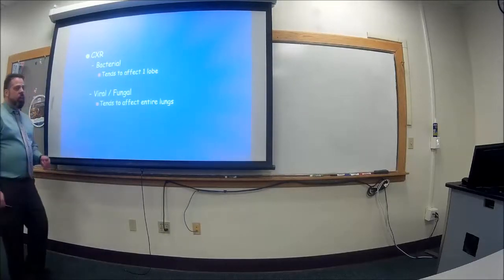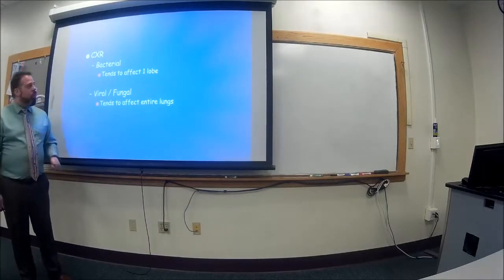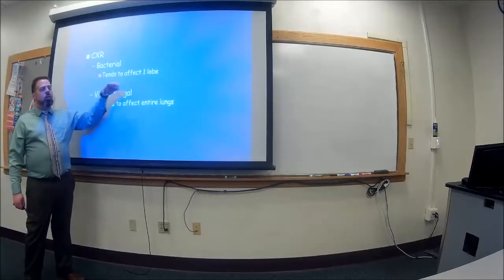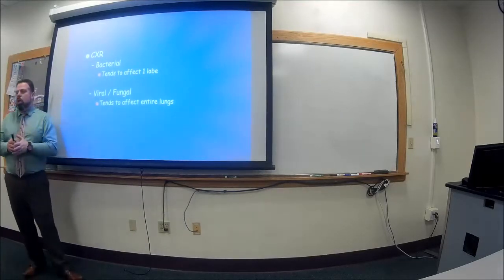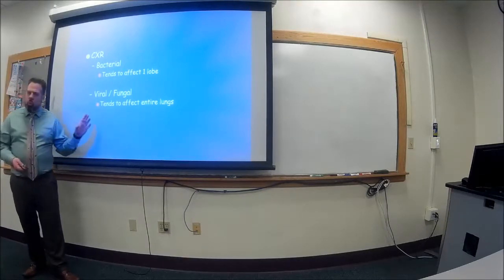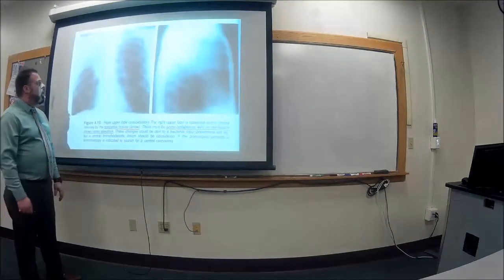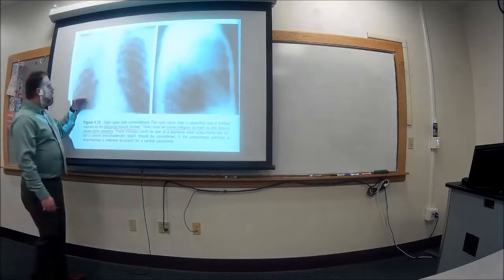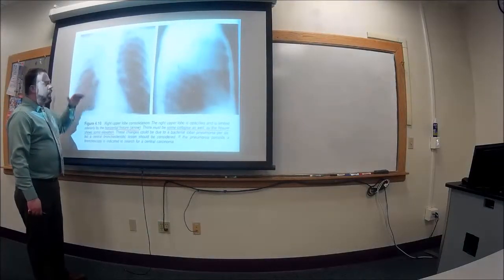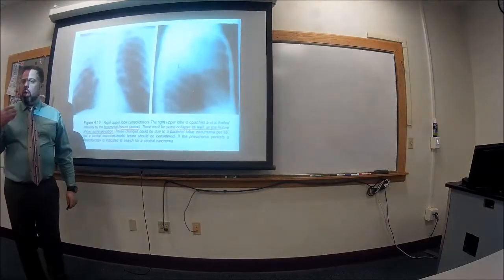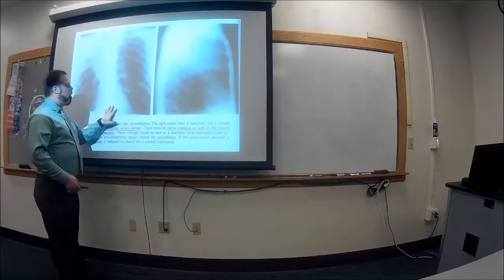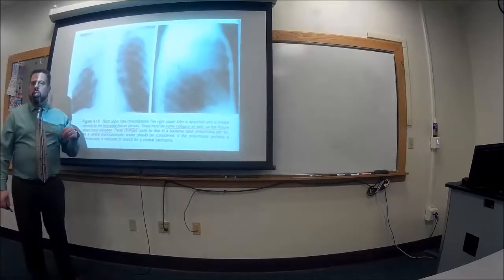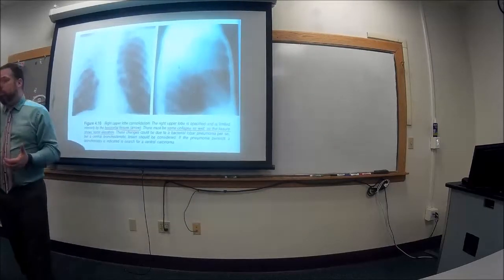The chest x-ray, this is just a rule of thumb. Bacterial tends to affect only one lobe, but viral and fungal will cover the entire lung. That's the rule of thumb. It's not there all the time. So again, with something like this, if you see a black area, that's saying that air is in there. There's nothing that's disrupting the air. When you start seeing white areas, that's telling you there's either some soft tissue or bone there.